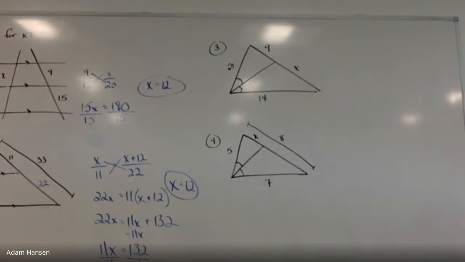Then you can reduce that down. 40 and 12, you can divide both by 4.